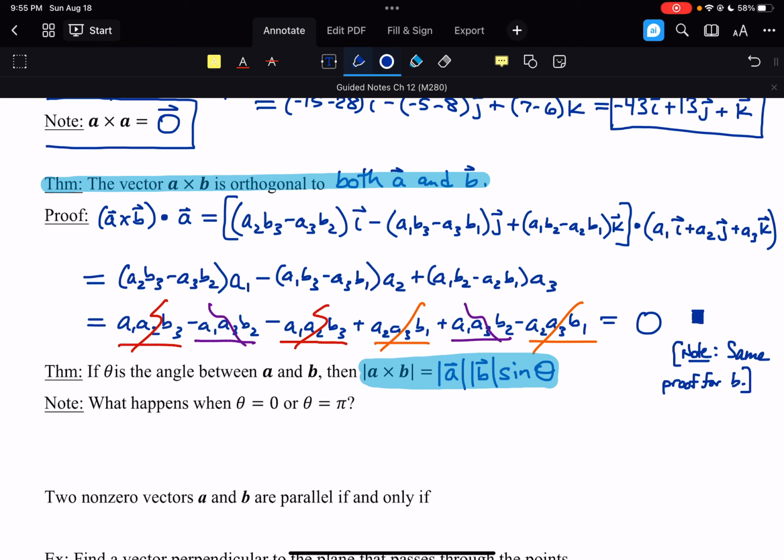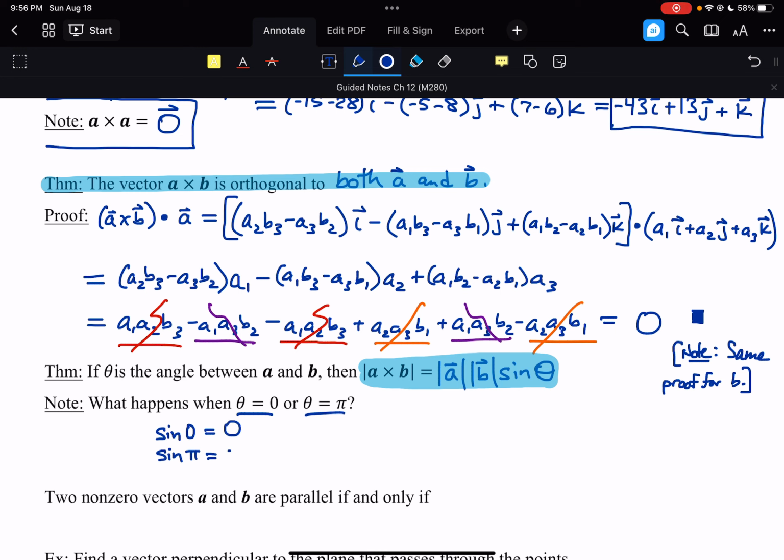So I want to think about a couple special cases here. What happens when theta is 0 or theta is pi? If theta is 0, we have sine of 0. And when theta is pi, we have sine of pi. These are values that we should know from our unit circle. Sine of 0 is 0.